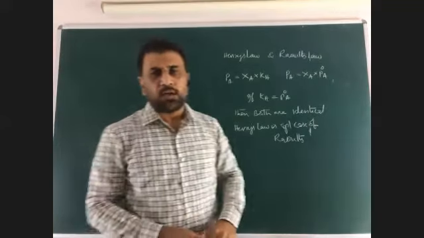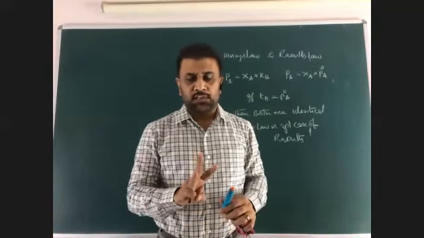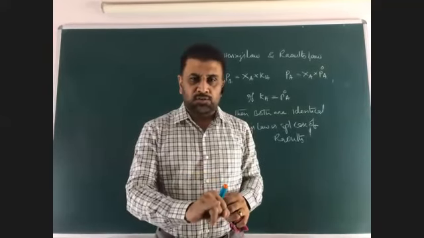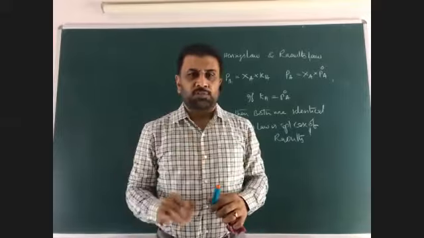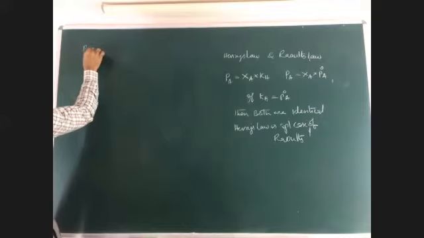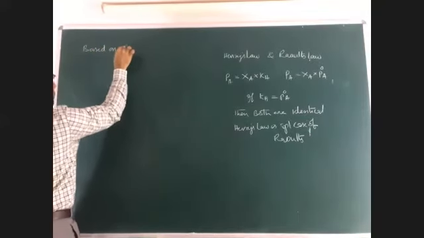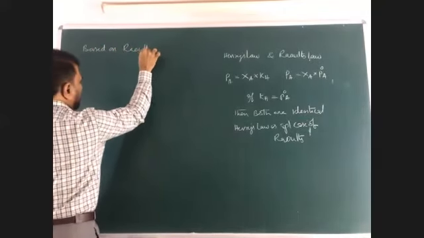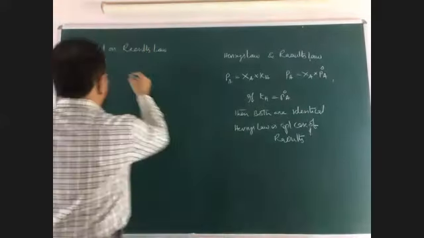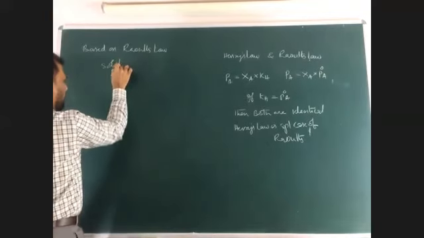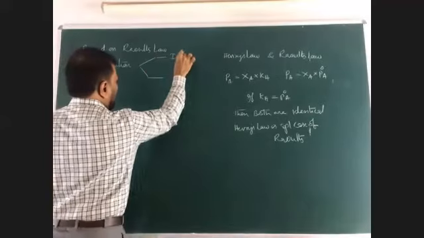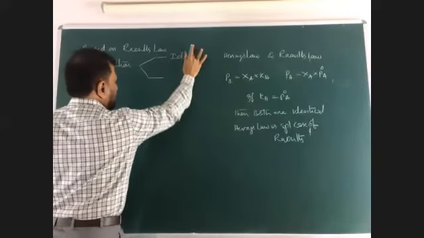Based on Raoult's law, solutions are classified into types: ideal solutions and non-ideal solutions. In non-ideal solutions, there is negative deviation and positive deviation. Therefore, solutions based on Raoult's law are ideal and the other one is real.